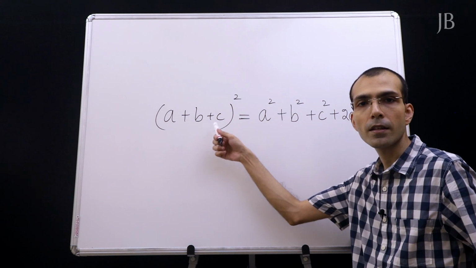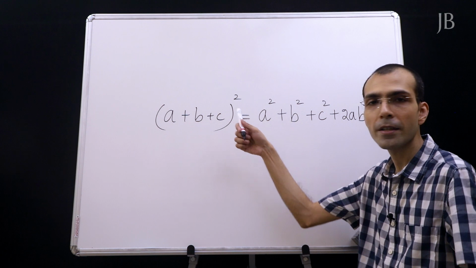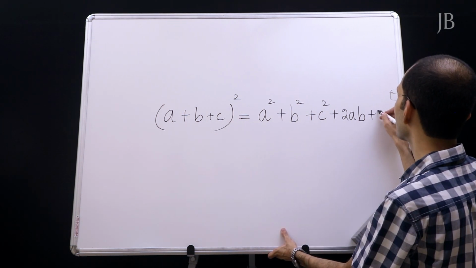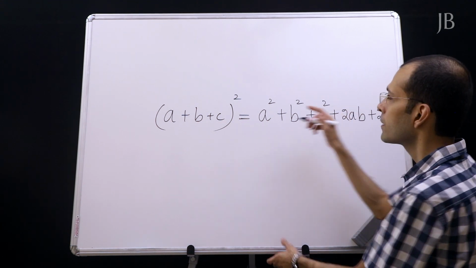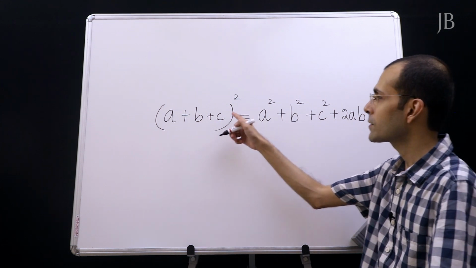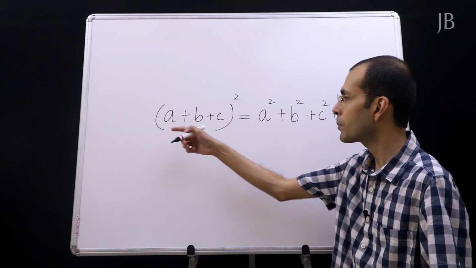Second term into third term into 2, adjust the signs logically. So this will be plus 2bc. Third term into first term into 2. So c into a into 2, plus 2ca, because positive into positive is positive.